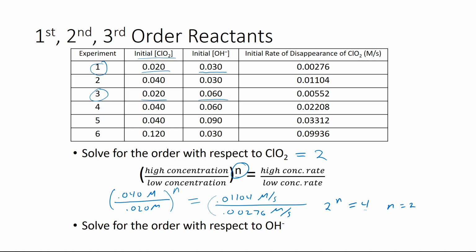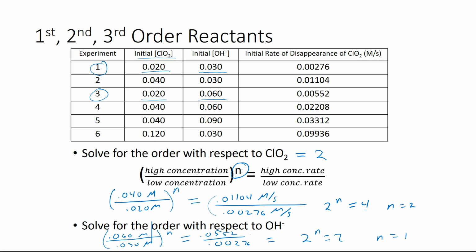Okay, so my high concentration is 0.060 M over 0.030 M to the n power equals 0.0552 over 0.00276, and I should get 2 to the n power equals 2, and therefore n equals 1.